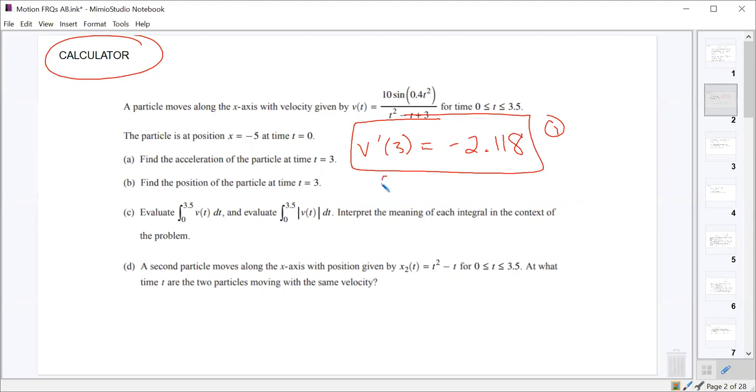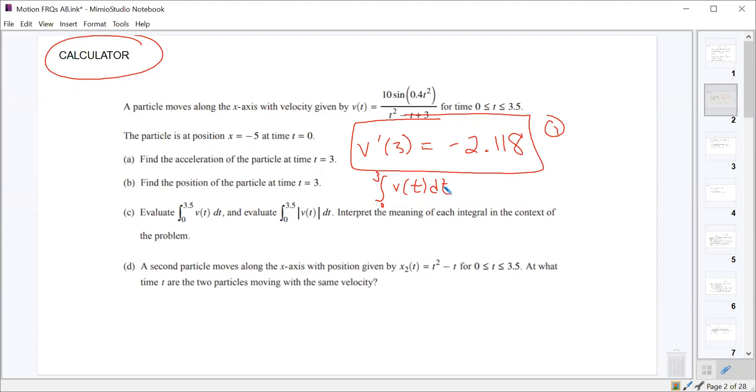So if we integrate this from 0 to 3, that should tell us how far the particle moves from its starting position, what its displacement is from the starting position after those 3 seconds. Now, that's not going to give us the actual position, though. That's just telling us how much its position has changed.